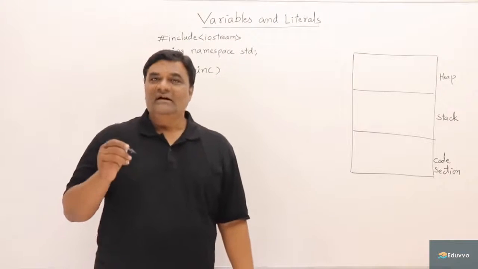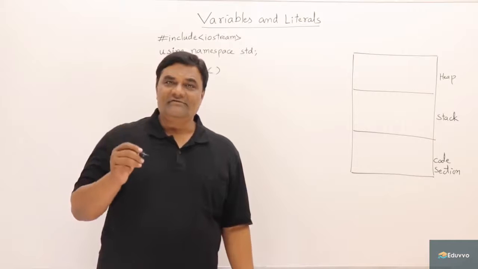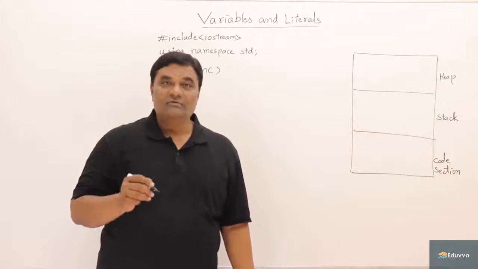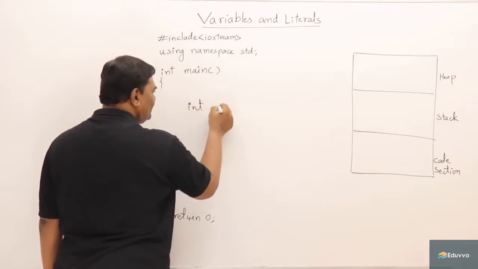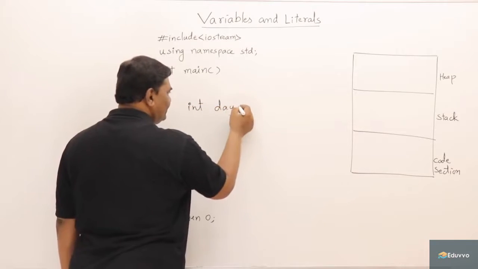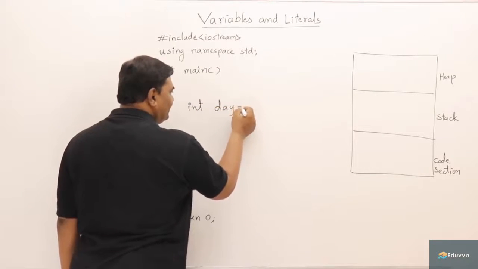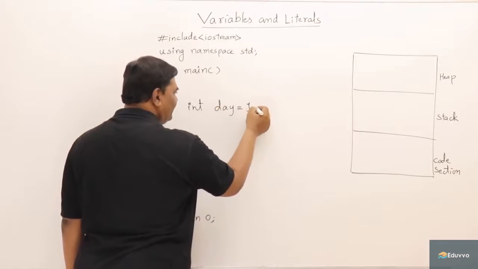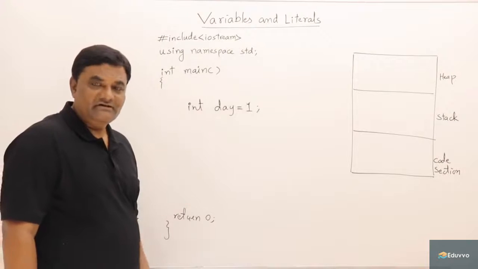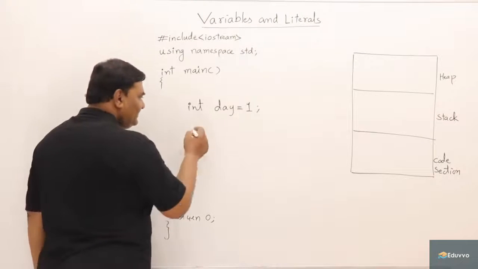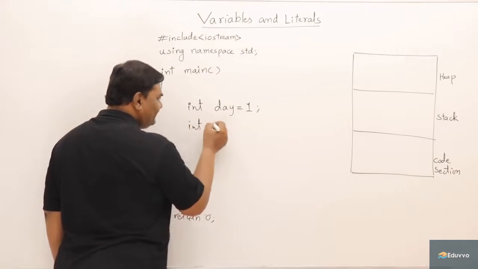Now let us see how we can initialize a value to a variable. What are the ways? I am declaring a variable to store the day number. What is the day of the week? Suppose it is the first day of the week, 1. This is one method of assigning. And I will write the same thing once again.